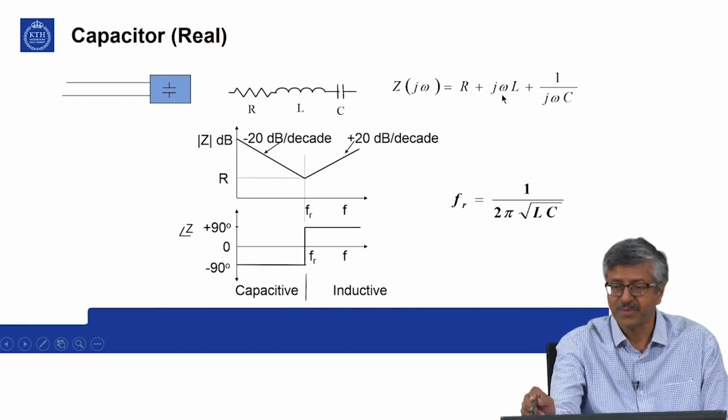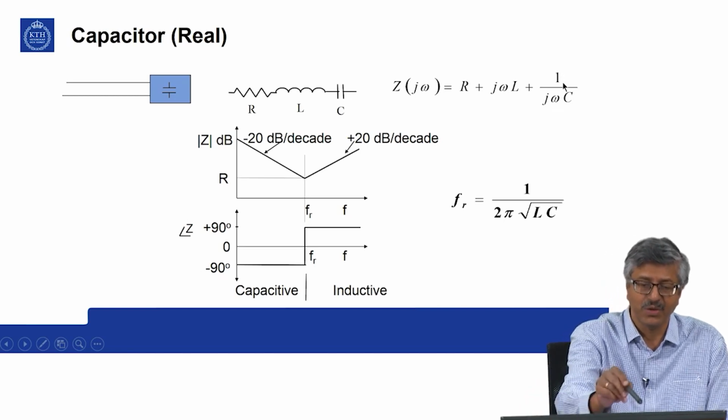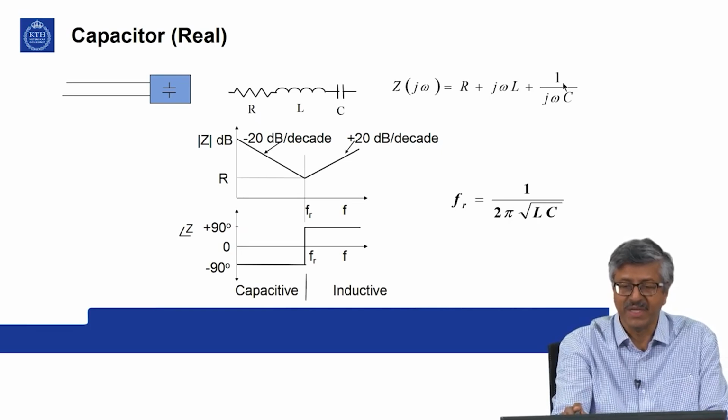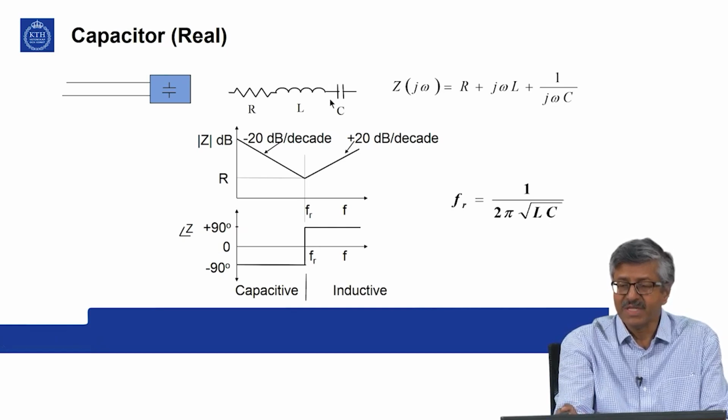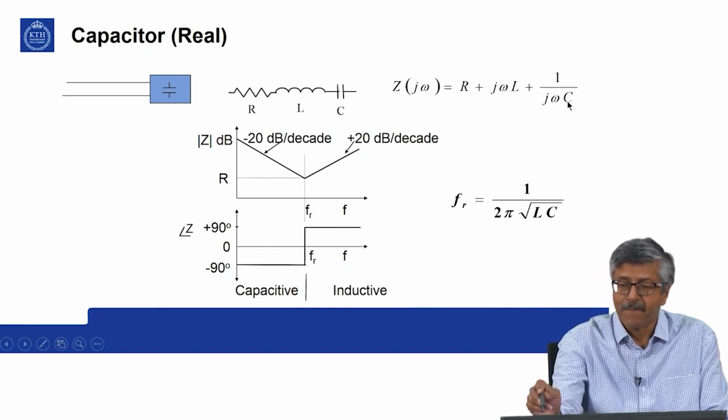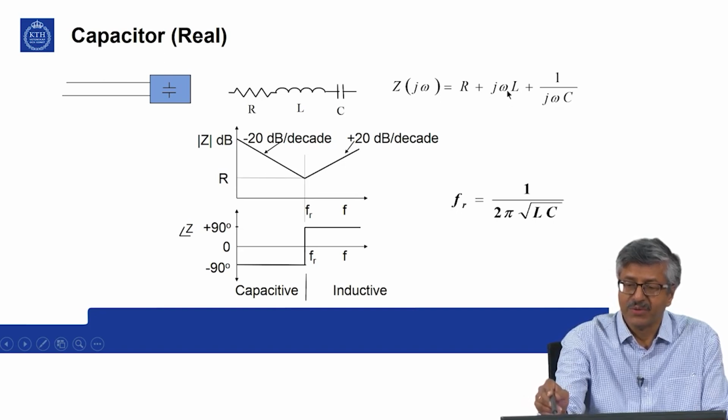The capacitor term is infinite at omega equal to 0, idealized. So, you are coming down from very high impedance for the capacitor at DC, because the DC is completely blocked by this capacitor. Then as the frequency is increased, this becomes a finite value, but since frequency is small, this is a high number compared to j omega L. This is still small and R is kind of constant.